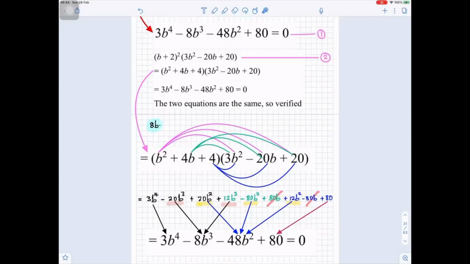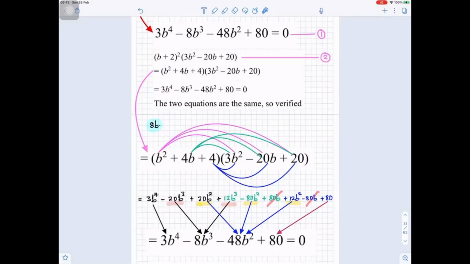After that, you can compare and see that the 3b to the 4 is equal to that, 8b cubed, 48b squared, 80 is the same, and the 0. So you have shown that they're equal.